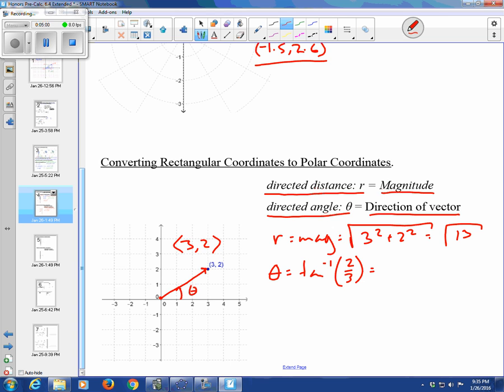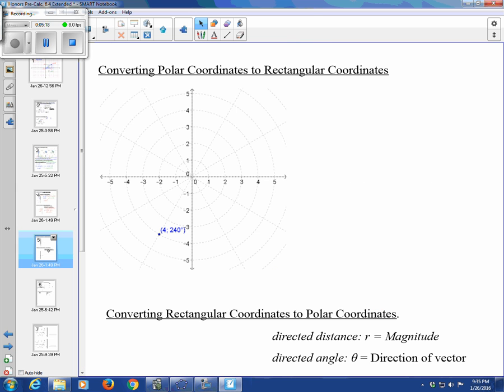So we would get 33.7 degrees. And then the polar coordinates that define the ordered pair 3, 2 would be square root of 13, 33.7 degrees. Okay, so what you guys are going to do is try this on your own.